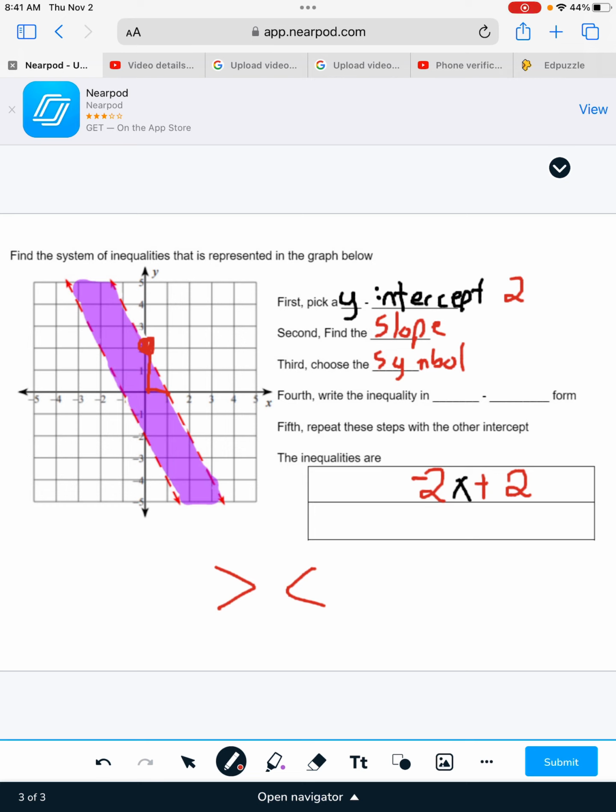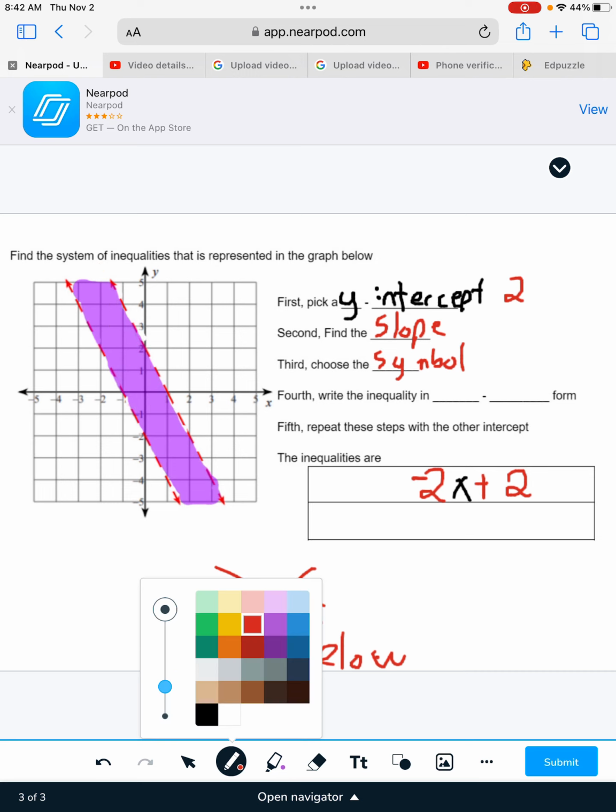So let's take a close look at this shading and see if we're going above or below. This symbol right here is if we're shading above the line. This one right here is if we're shading below the line. And when I look at this line here, I'm seeing that the shading is underneath it. So I know that it is below, which means this is going to be where y is less than.